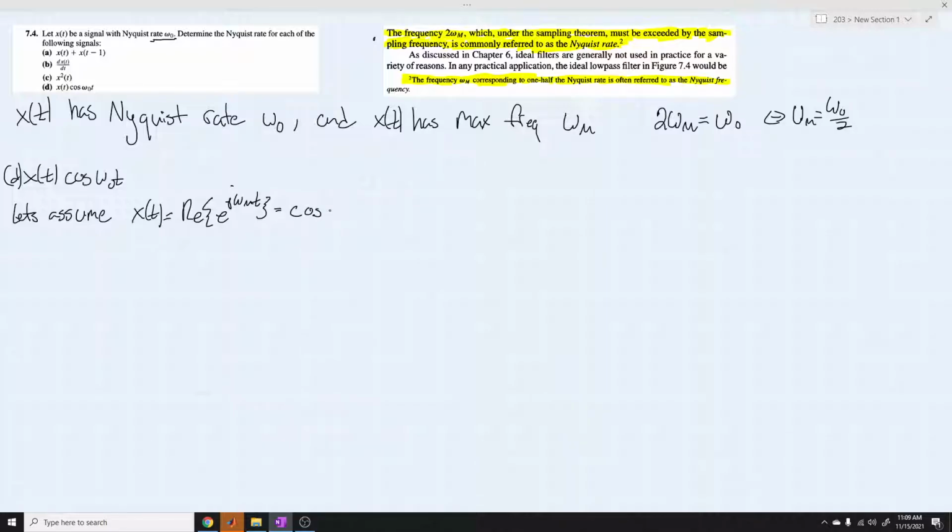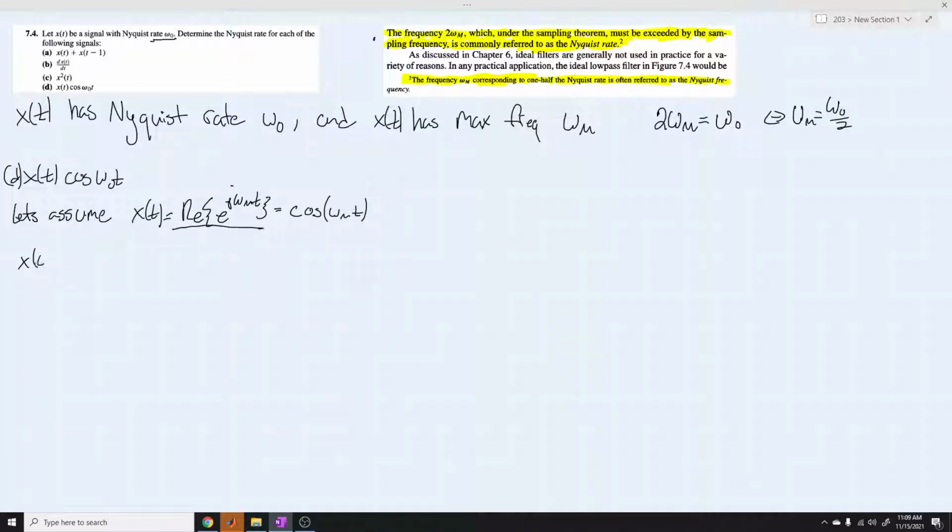This is just a cosine omega sub m of t, right? We know it's periodic, so we can make a simple assumption that it's a cosine, and we know it has a maximum frequency constant omega sub m. We can represent it like this. Now, we could also represent the cosine of omega sub naught of t by taking the real part.